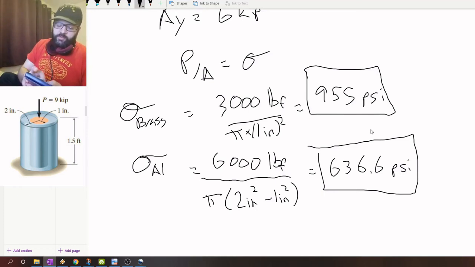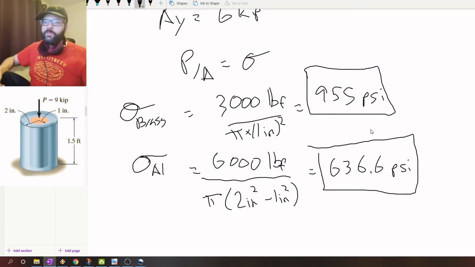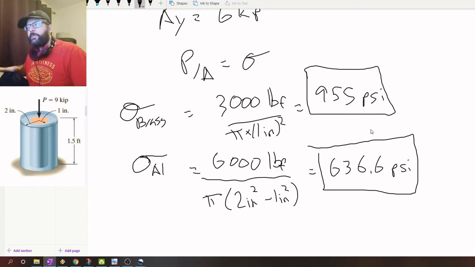It should be 1.5 times as much, because its Young's modulus is 1.5 times the Young's modulus for the aluminum.